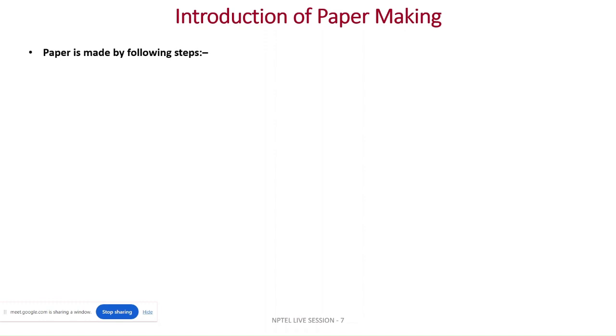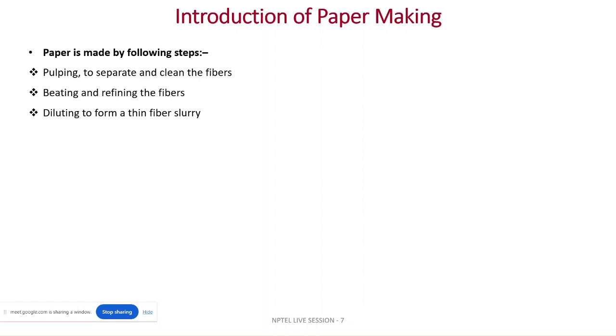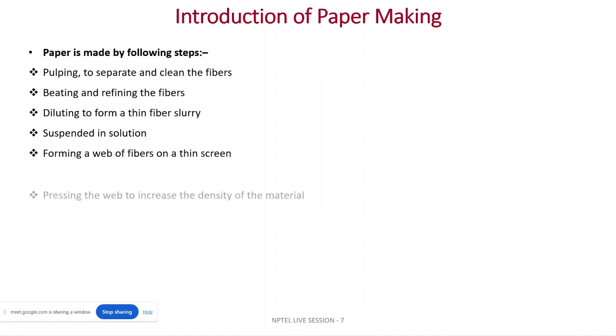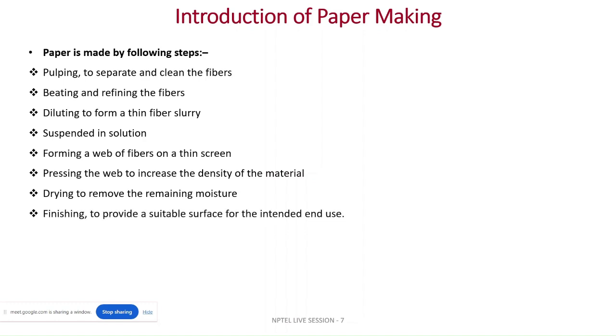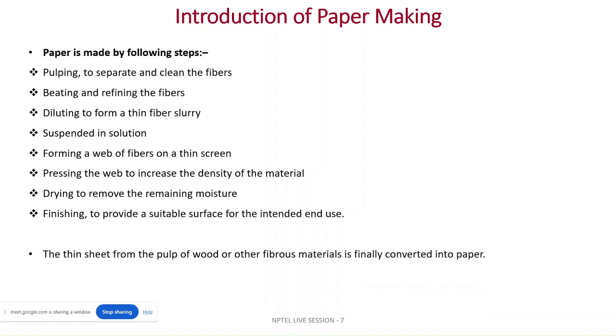They start with the pulping process to separate and clean the fibers, then beating and refining the fibers to give them sufficient strength, diluting to form a thin fiber slurry suspended in solution, forming a web of fibers on the thin screen, pressing the web to increase the density of the material, then drying to remove the remaining moisture, and finishing to provide a suitable surface for the intended end use purpose. The thin sheet.